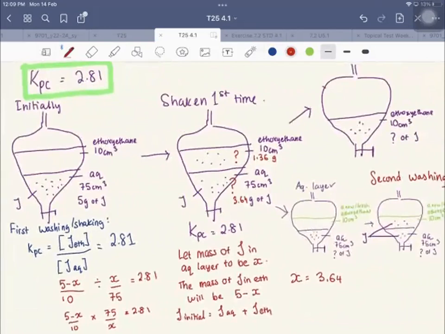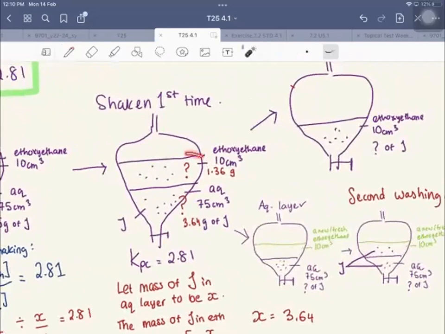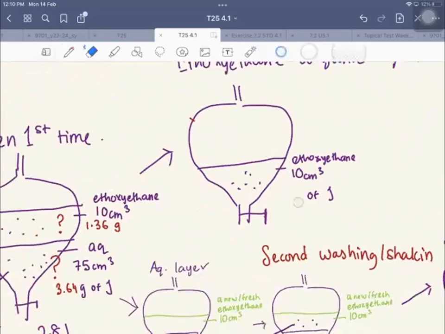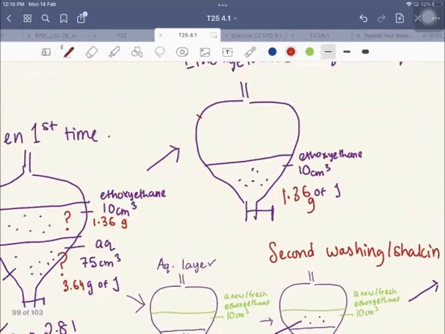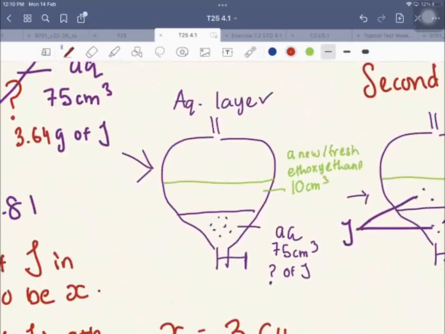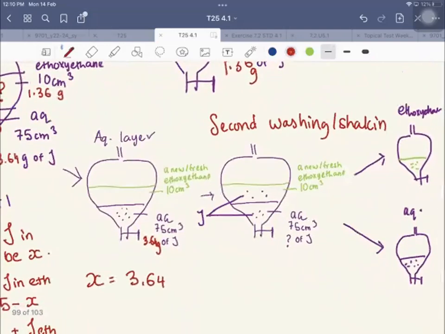Okay, thank you, Alicia. So what happens after this is that your layer of ethoxyethane is separated, and that means in this layer of ethoxyethane, there is 1.36 grams of J. Your aqueous layer, which will be later used for the second washing or second shaking, contains 3.64 grams of J. Now we move on to the second washing.